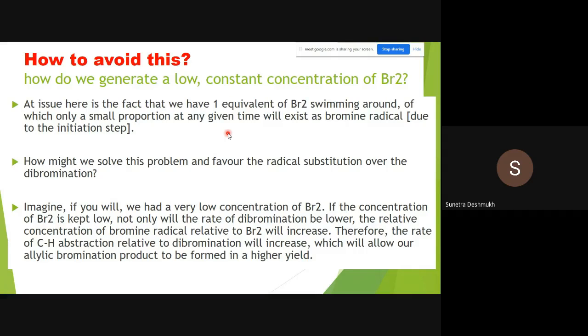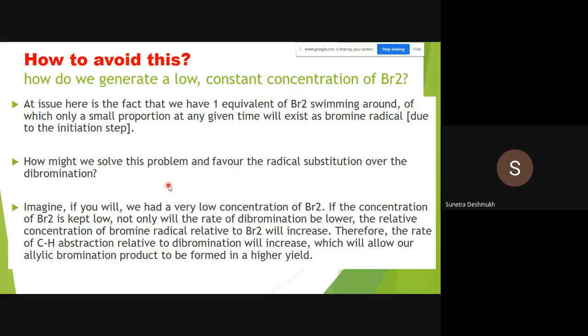If we decrease bromine from 1 equivalent to 0.5 equivalent, that means we just reduce the amount of bromine, then also it won't make any sense. So only by decreasing or increasing bromine in the solvent system, it won't solve the problem. Anything you use with bromine, that Br2 solution, won't help us out.